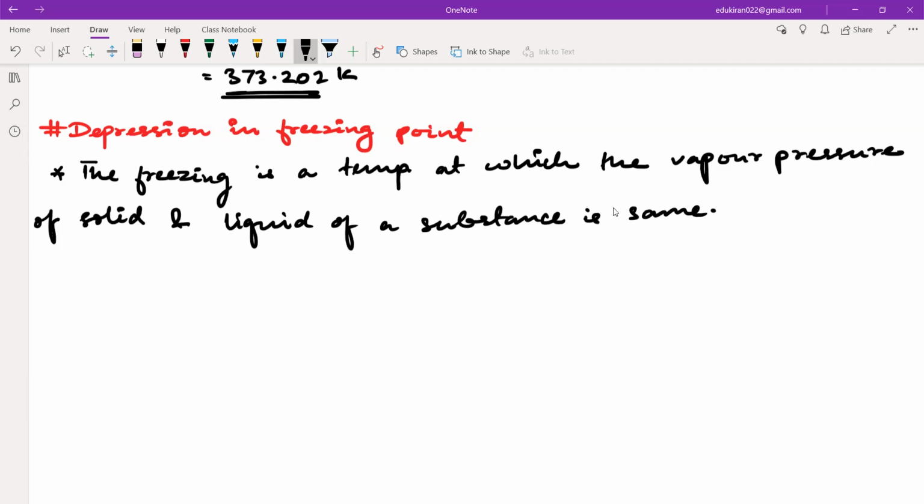That means solid and liquid are in equilibrium. That is why the vapor pressure of solid will be equal to the vapor pressure of liquid. That is the freezing point.